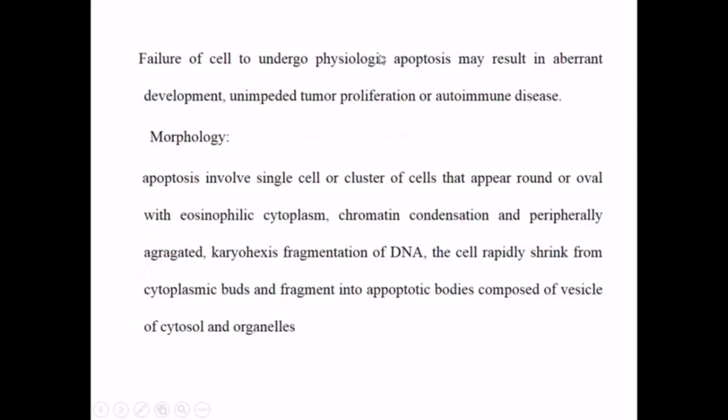The failure of cells to undergo physiologic apoptosis may result in aberrant development or unimpeded proliferation. The morphology of apoptosis involves a single cell or cluster of cells with eosinophilic cytoplasm and chromatin condensation. There is also karyorrhexis, fragmentation of the nucleus.